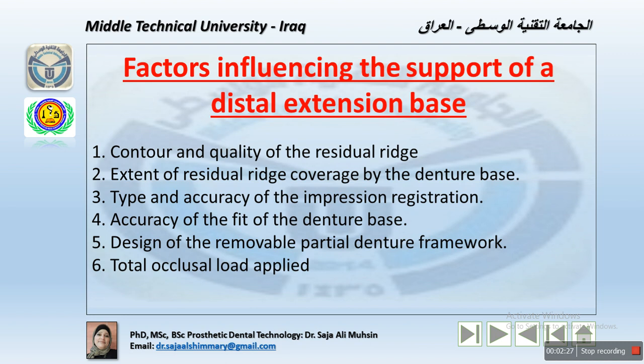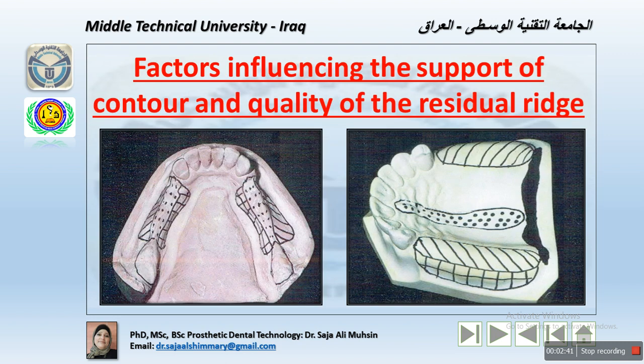Now we are going to discuss each factor separately to explain these factors in proper way in relation to the removable partial denture. Factors influencing the support: contour and the quality of the residual ridge.